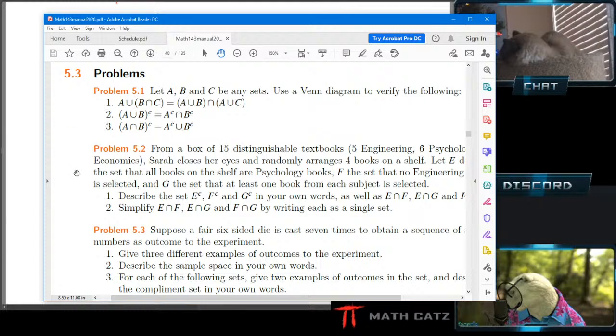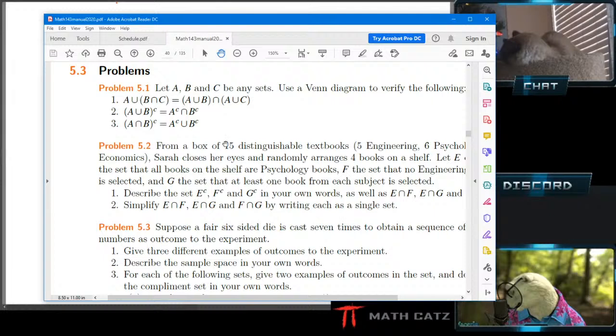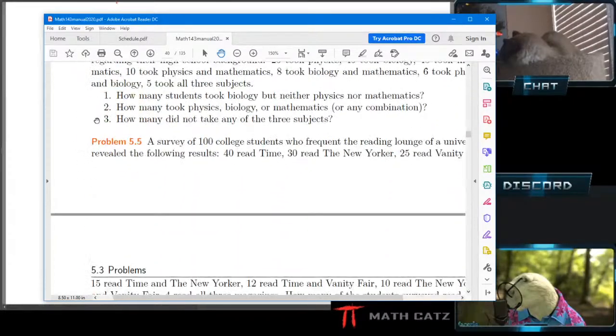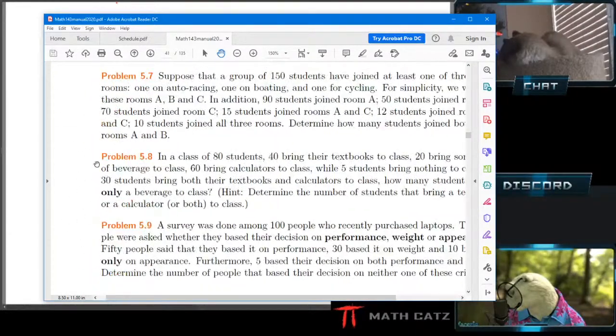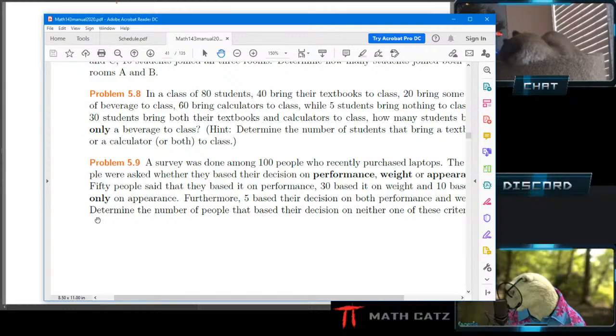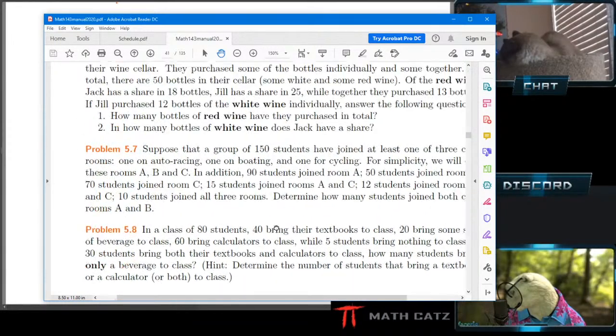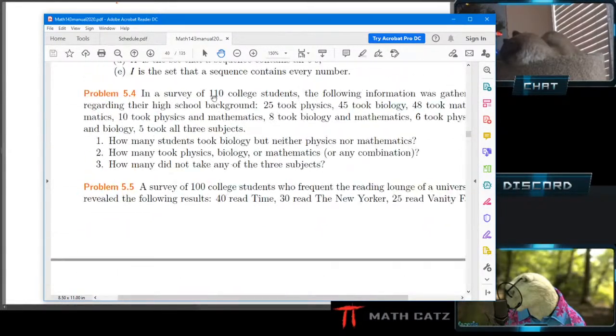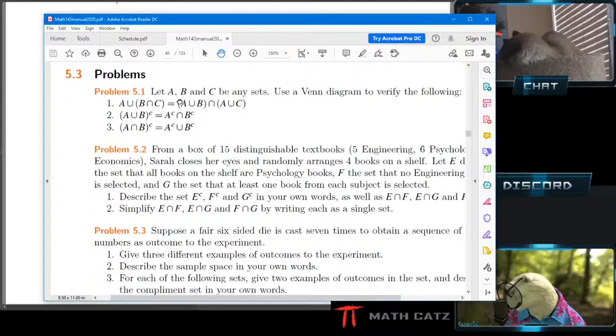I would suggest that you do the problems, of course, that you master the exercises and the video and stuff first. After that, do these problems in the order they are presented in the book. They go in increasing order of difficulty mainly. So I want you to do these in this order. Don't skip this Venn diagram one.